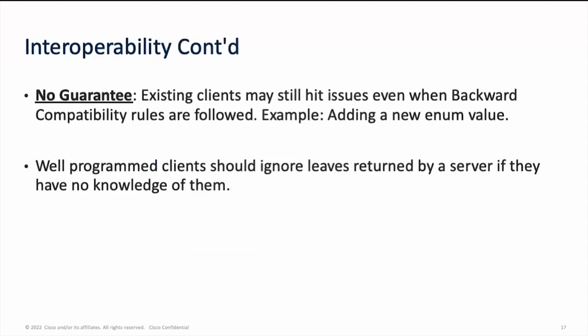So when talking to the device, when doing a get command, for example via NETCONF, and the device returns these extra leaves that are not known by the client, they should be ignored in that case.